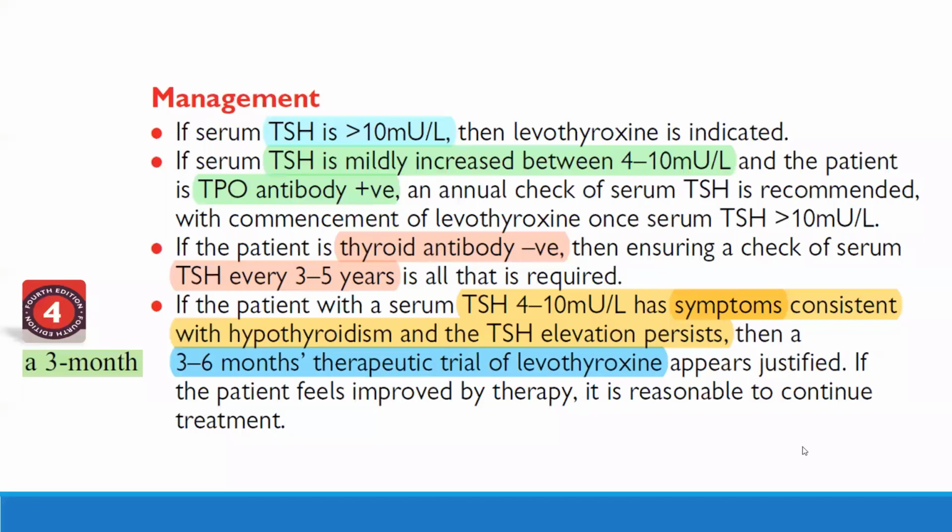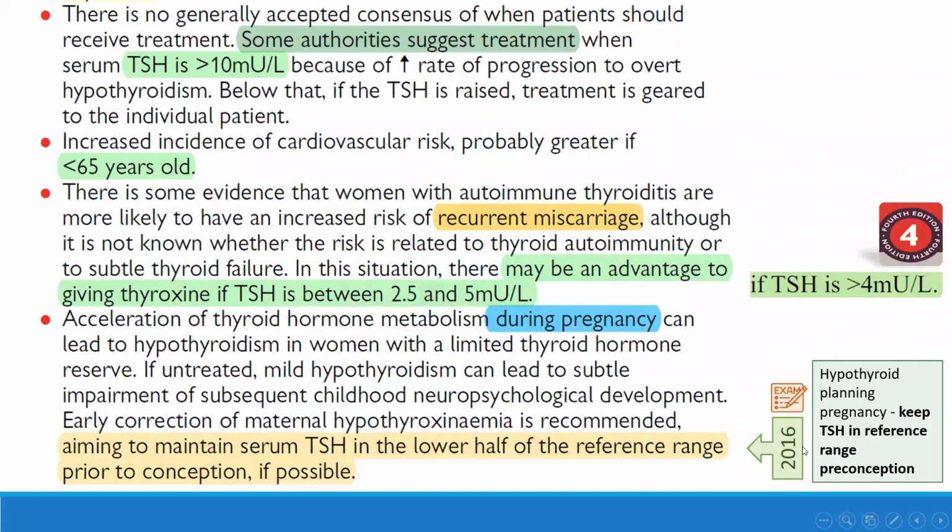Yes, actually, in any patient presenting with recurrent miscarriage, we can treat even if the TSH is normal. If the anti-TPO is positive and the TSH is between 2.5 and 4, in this situation we consider treatment. If the TSH is less than 2.5 and recurrent miscarriage, some authors recommend treatment with a small dose of levothyroxine.